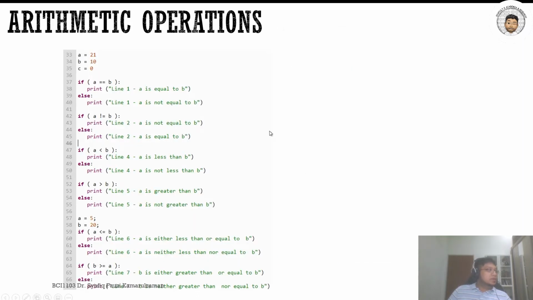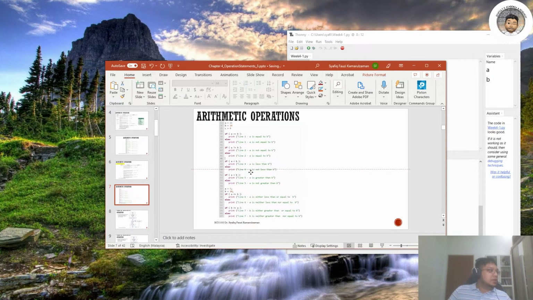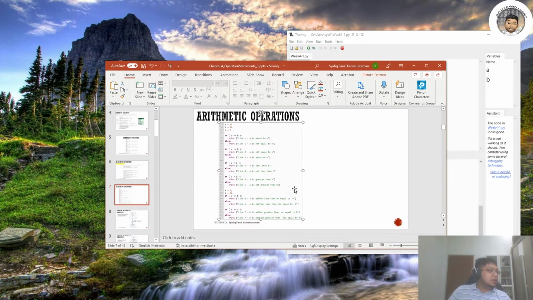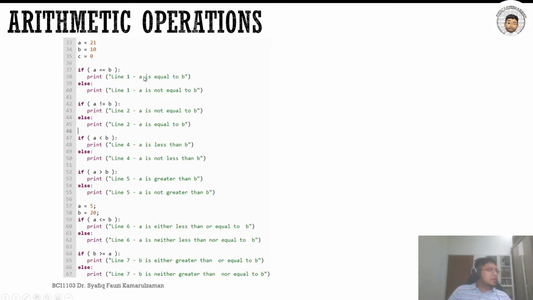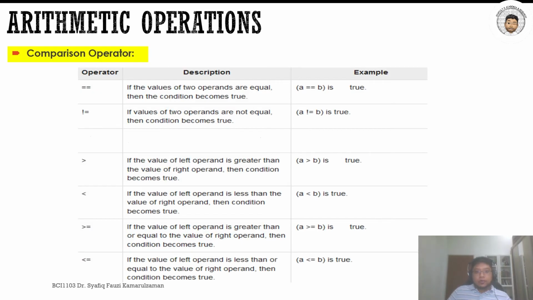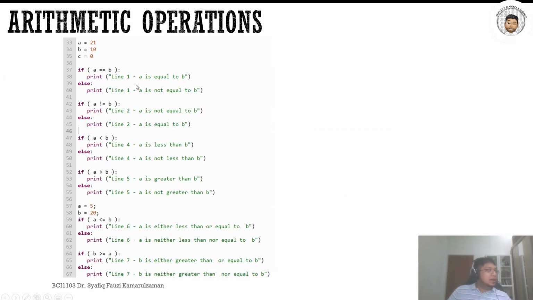So here is an example. How exactly are we going to use this true or false, sir? Basically, when we write a program using true and false, we use it in if and else. If and else is basically a condition.